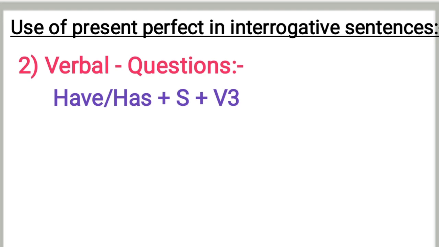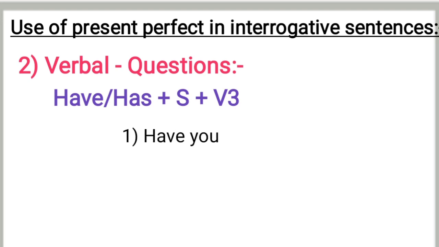So the verbal questions will start with either have or has. So look at the structure. Have or has plus subject plus verb third form. After verb third form, the question may have any remaining part of it, and then finally question mark.